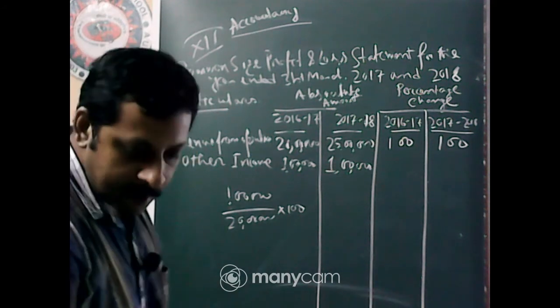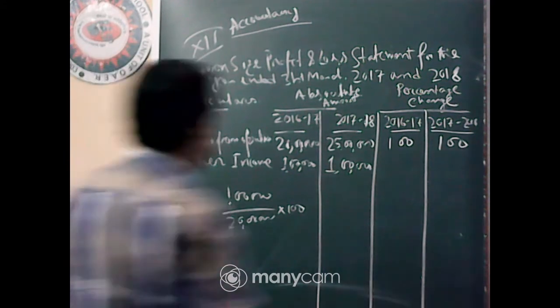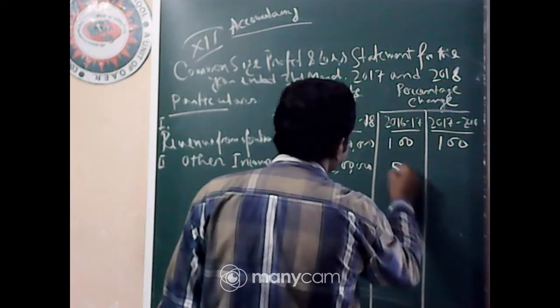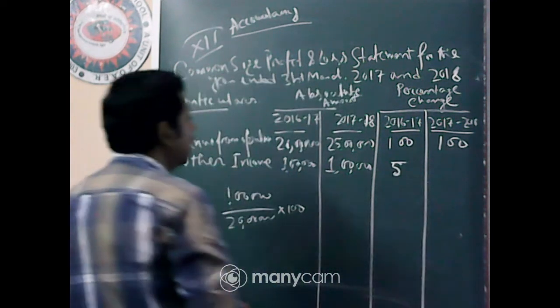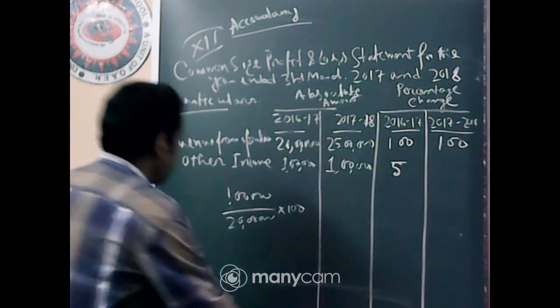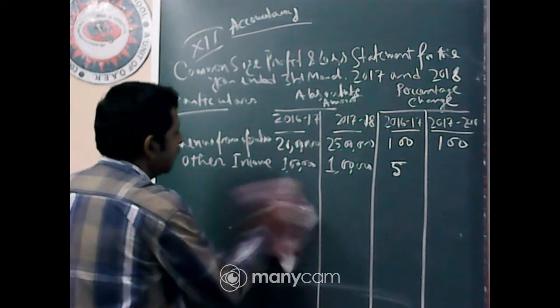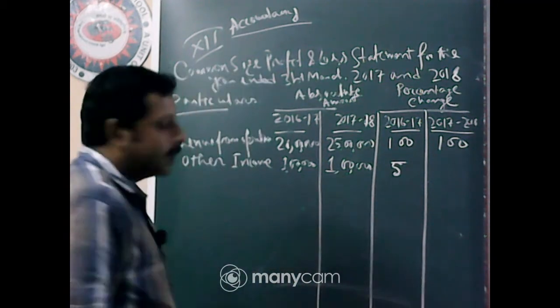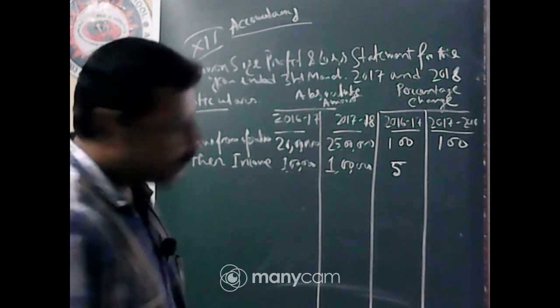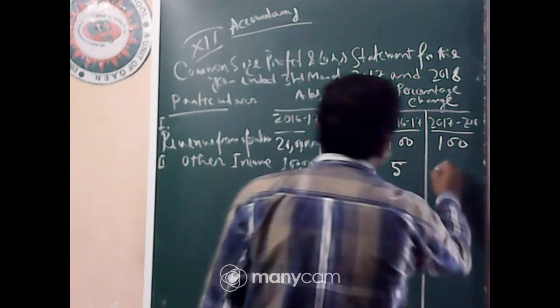What will be the figure? That is 5. So, dash percentage you have to write here. And same thing you have to do for next year. That is 1 lakh divided by 25 lakh into 100. And what will be the figure? What is the percentage? 4.